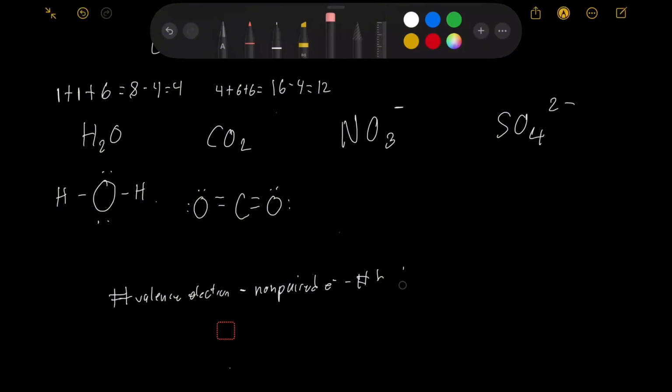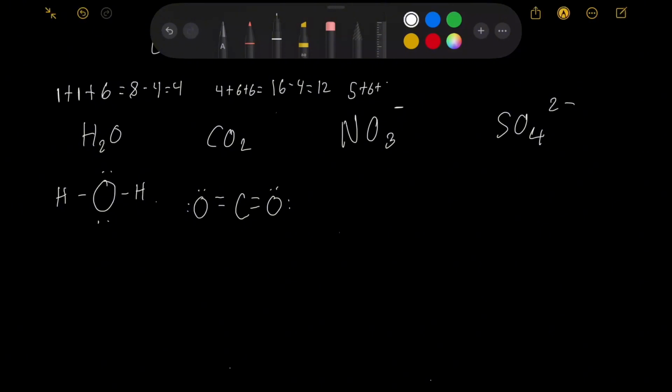Now things get more complicated when it comes to ions. So first, what we're going to do is assess what ion this is. This is nitrate. It is NO3 and it has a charge of -1. So first, let's count how many electrons there are. Nitrogen has 5 valence, and oxygen has 6.